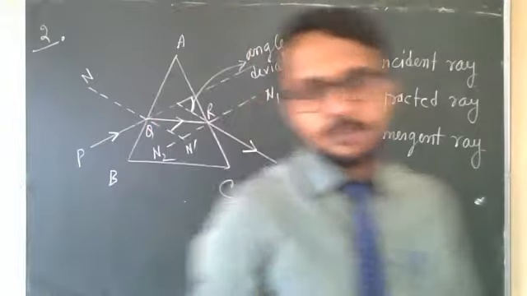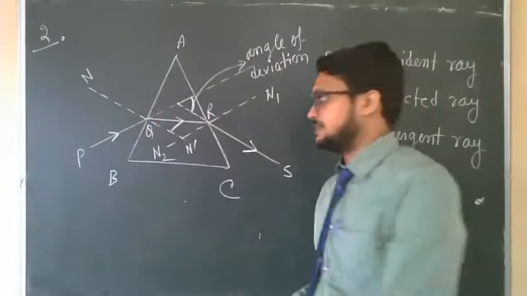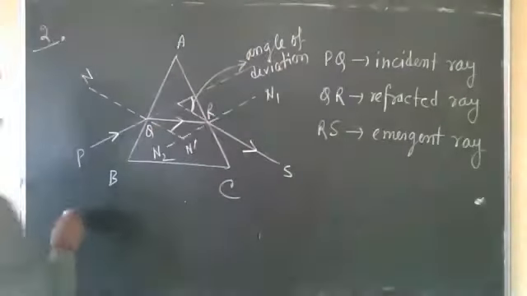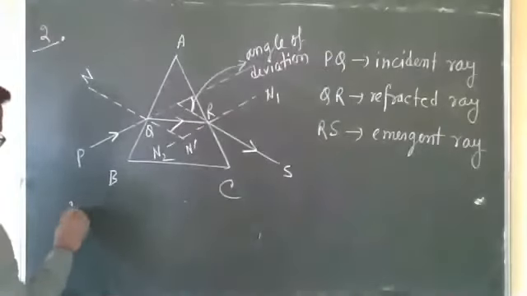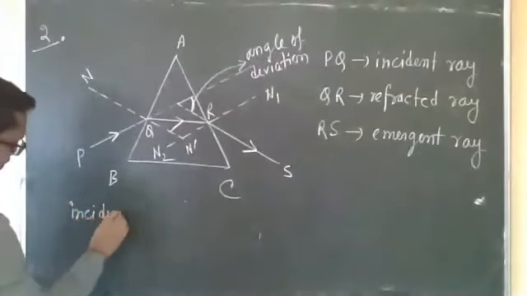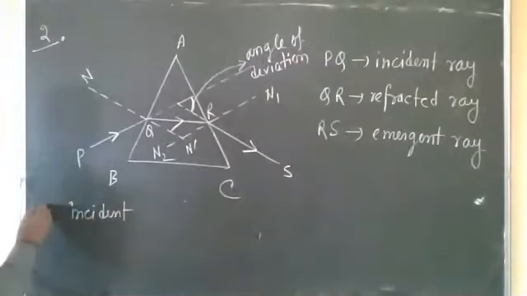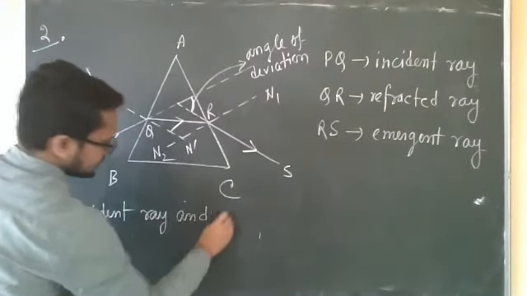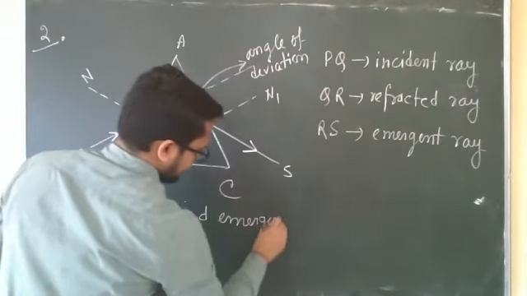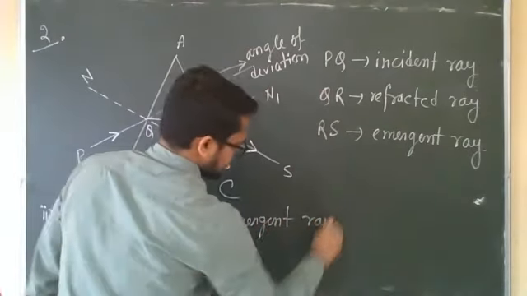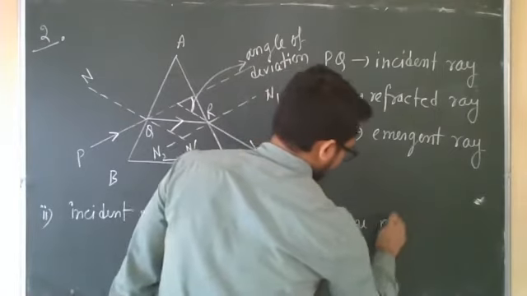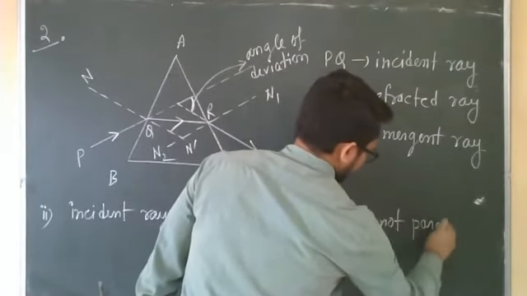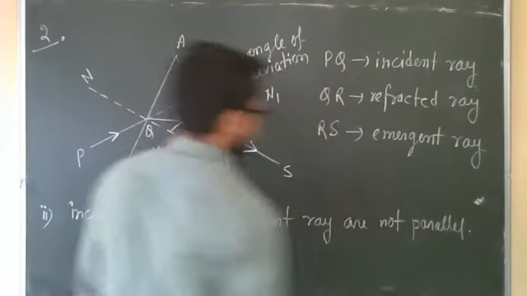They are not parallel in the case of a prism. This is part B for the prism case: incident ray and emergent ray are not parallel.